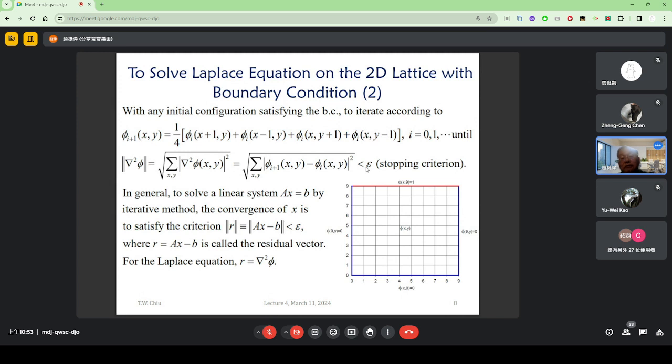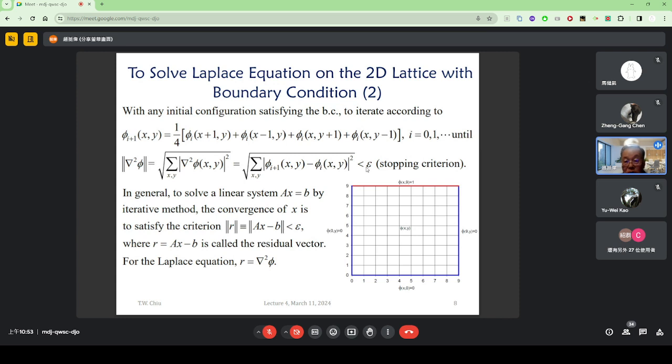But if your lattice gets larger and larger, then 10 to the minus 12 may not converge, because of the numerical precision. In that case, you may need to use double precision or even higher precision representation in order to reach such a highly accurate solution.